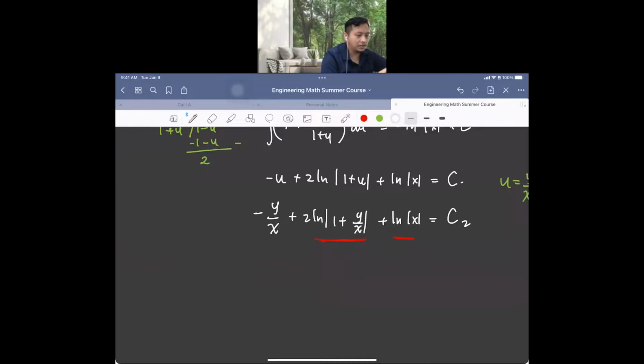So this will be ln of (1 plus y over x) squared times x, and then this will be equal to y over x plus C2.